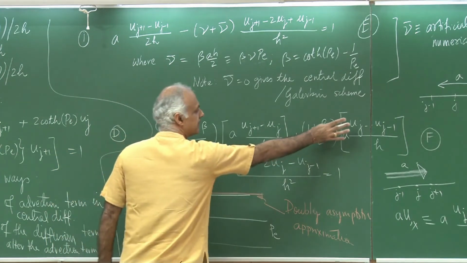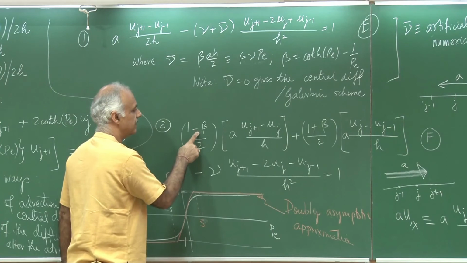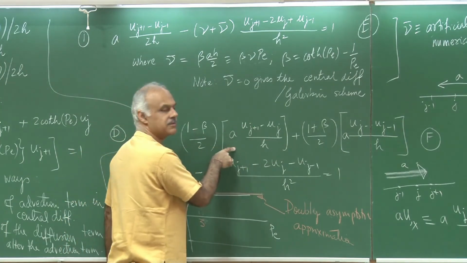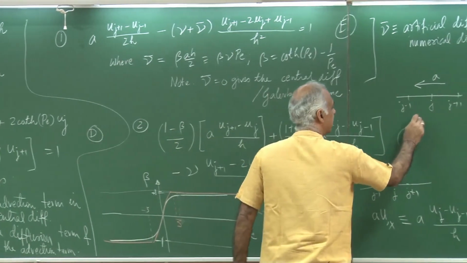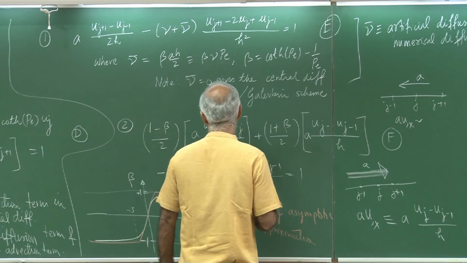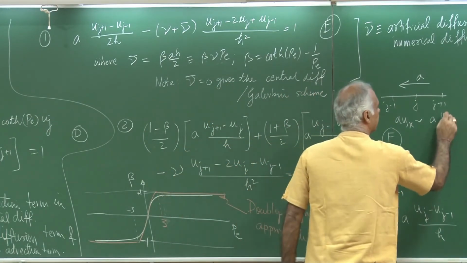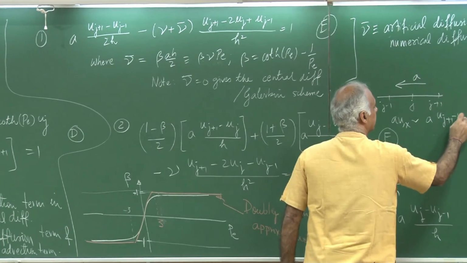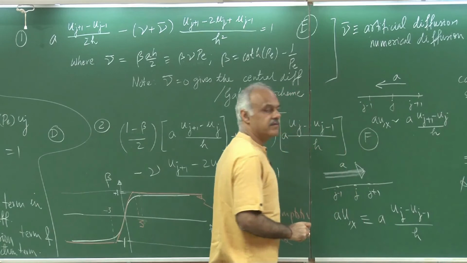Beta minus 1 means this term drops out and this becomes 1, and I am left with this approximation for A u comma x. So, what is being said is that A u comma x can be approximated as A times u j plus 1 minus uj by h.